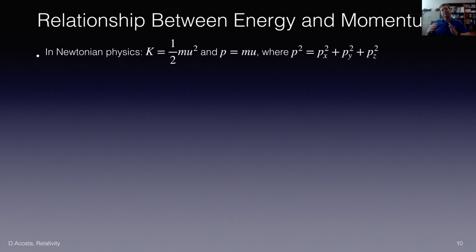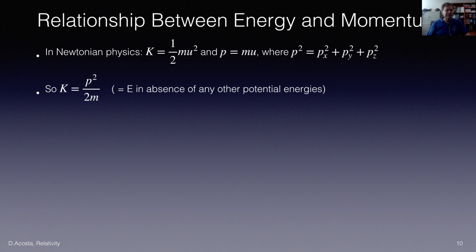Now, if I'm talking about the magnitude squared of the momentum, p squared, remember momentum is actually a vector, so I have to square all of its components, px squared plus py squared plus pz squared. But with the magnitude of p being mu, and kinetic energy being 1/2 mu squared, I could rewrite that kinetic energy in non-relativistic formulations as p squared over 2m.